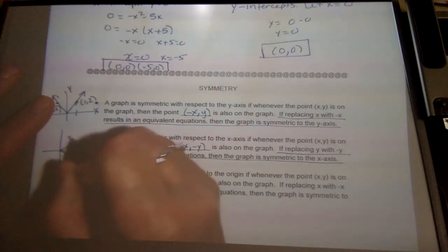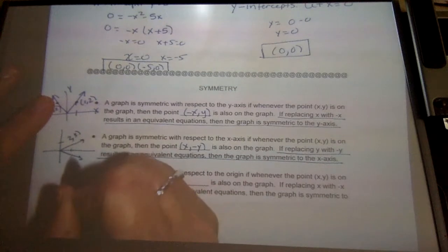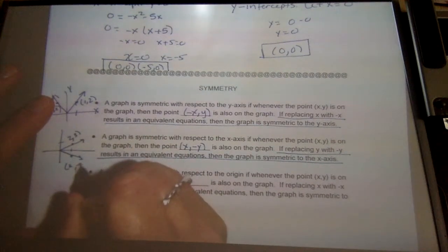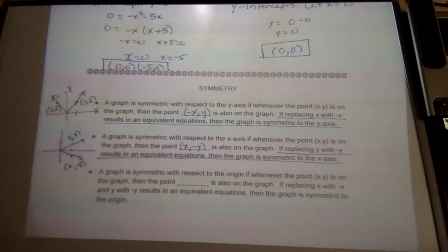If this was 2, 3, then this one here would be 2, negative 3. You can see that if you fold along the x-axis, the graph's going to fall on top of each other, and you can see the x's didn't change, but the y's did.